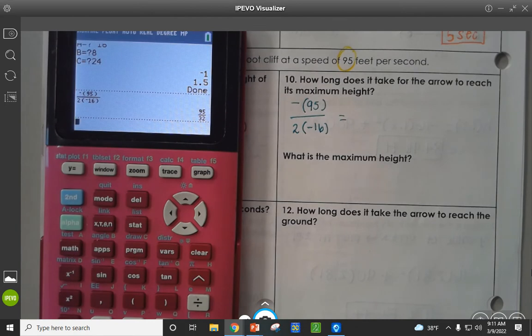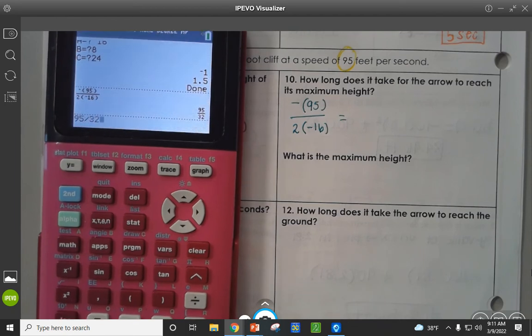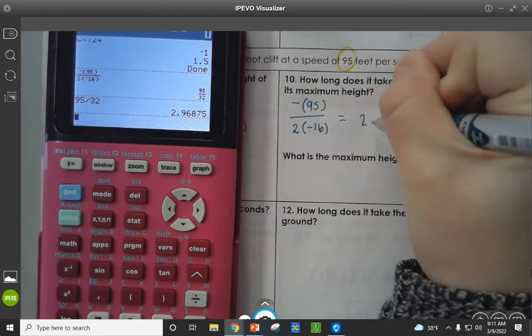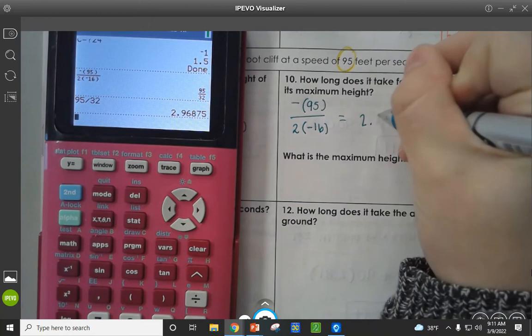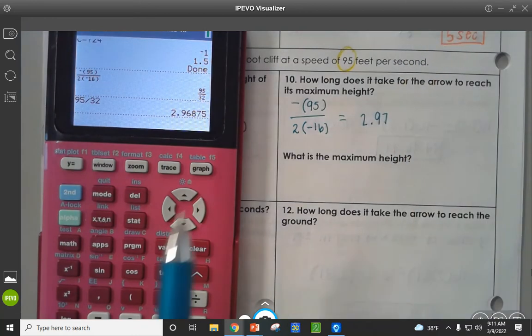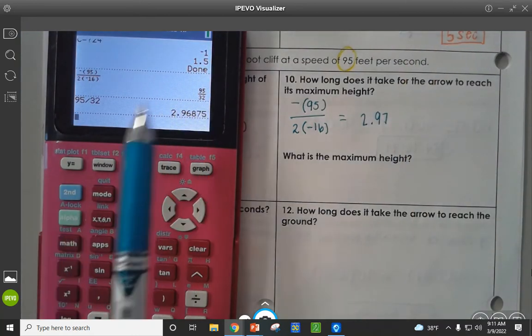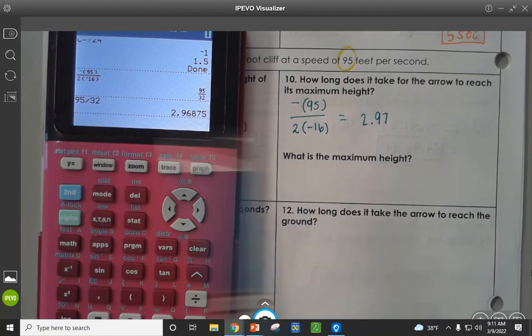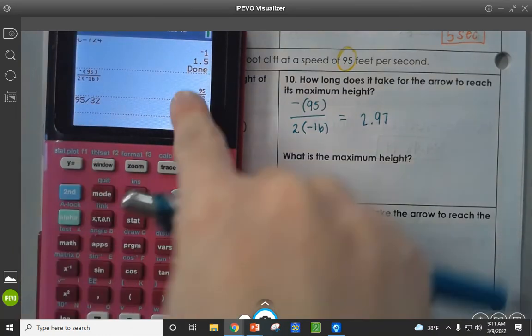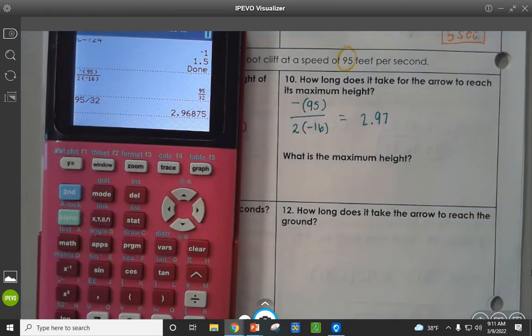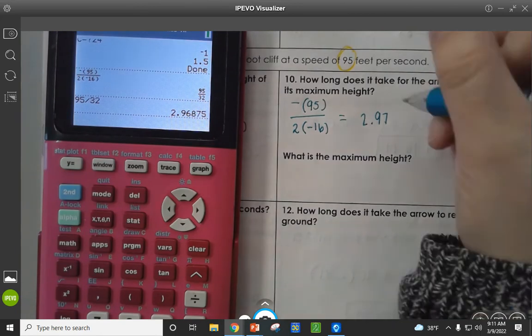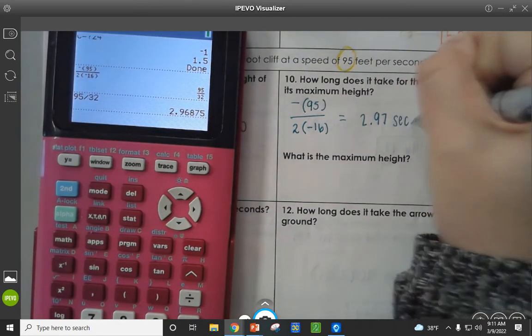And we get 95 over 32, but we want a decimal. So how do I make this a decimal? Just divide. 95 divided by 32 is 2.97. There is a button that'll convert fractions to decimals and vice versa, but it's a lot easier just to type it in like this. 95 divided by 32. So this is the number of seconds.